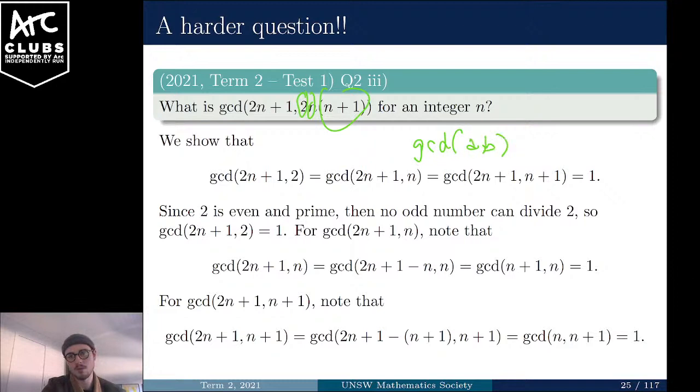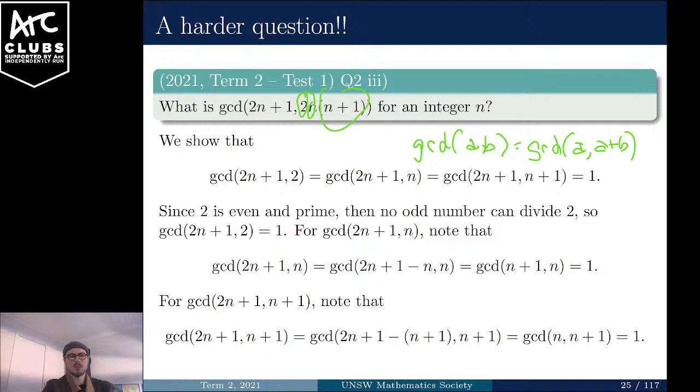Hopefully you guys are familiar with this. You've got the GCD of 2 numbers. That's the same as the GCD of that first number, or you can do it the other way around as well, and one of those numbers, and then those 2 numbers added or subtracted. Yeah, cool. So we're going to use that property.